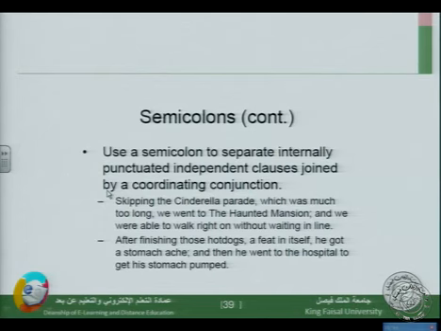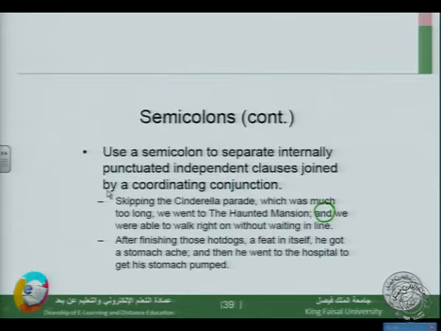Skipping the Cinderella parody, which was much too long, we went to the haunted mansion and we were able to walk right on without waiting in line. So here we use a semicolon to separate internally punctuated independent clauses joined by a coordinating conjunction.